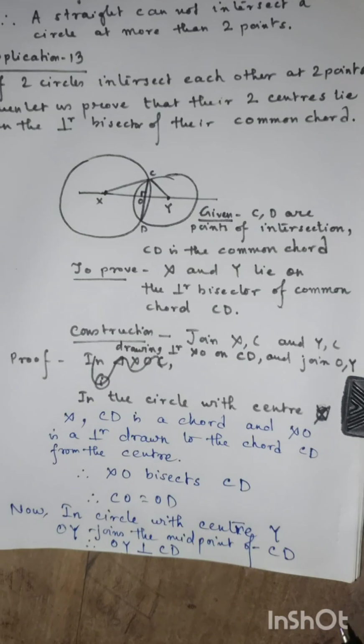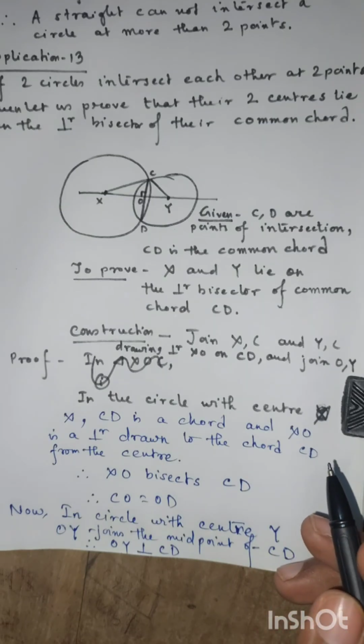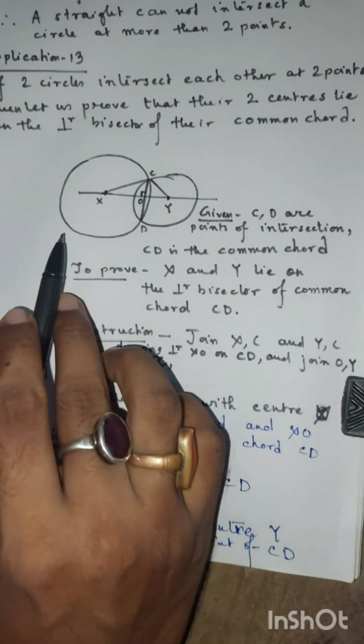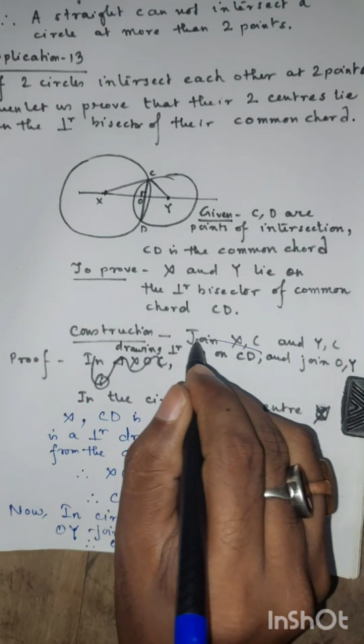Now we are observing that XO is the perpendicular on CD.